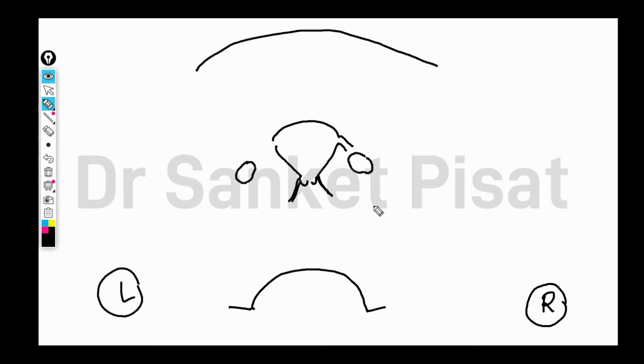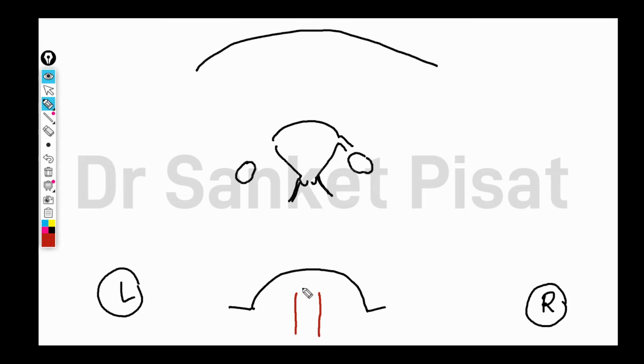Now on one side, first let us look at what happens to the vessels which we are going to deal with. So the first structure that we ought to know, and we'll start again from the sacral promontory, is the abdominal aorta.